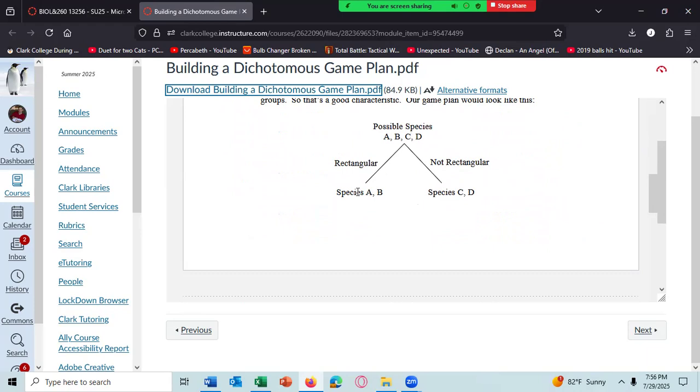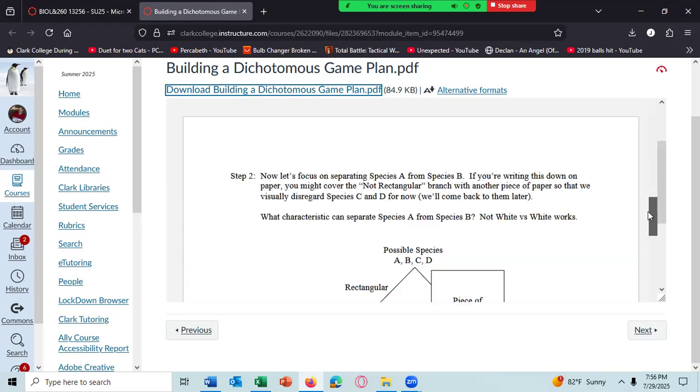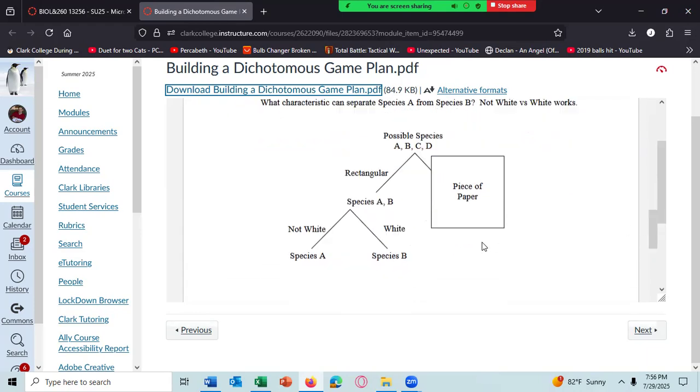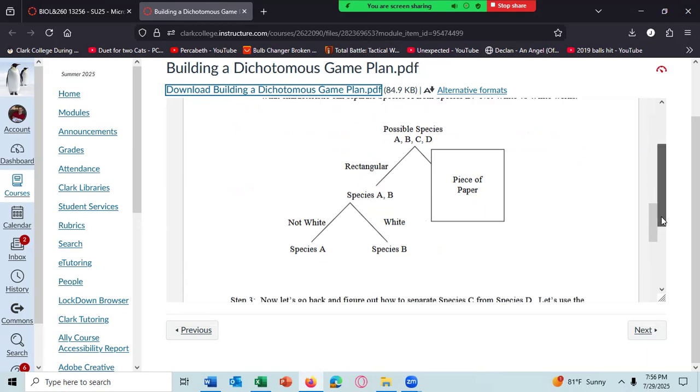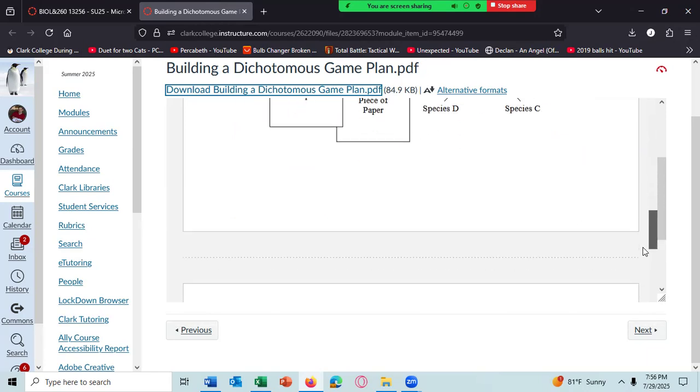We use dichotomous logic to separate it into 2, species AB and species CD. And then for species AB, rectangular, and then we ask whether the colony is white or not white. If it's not white, it's species A. If it's white, it's species B.